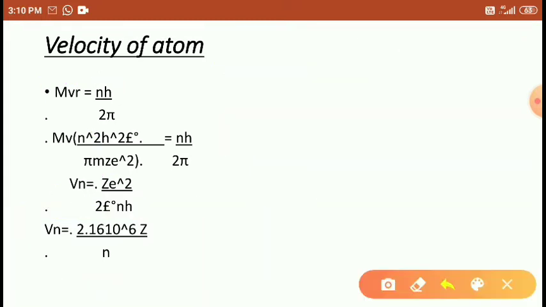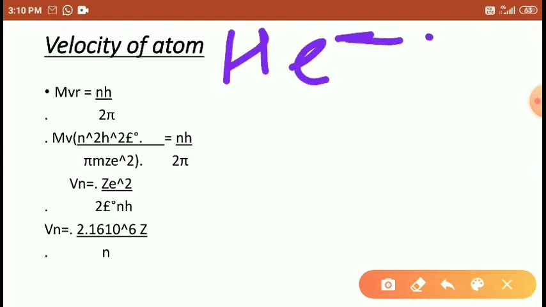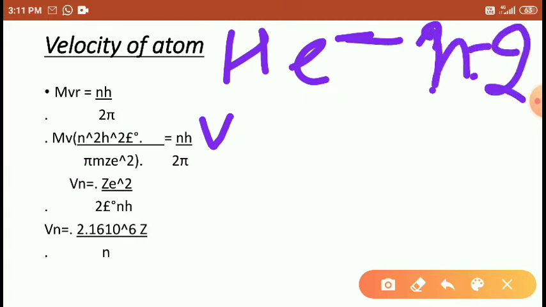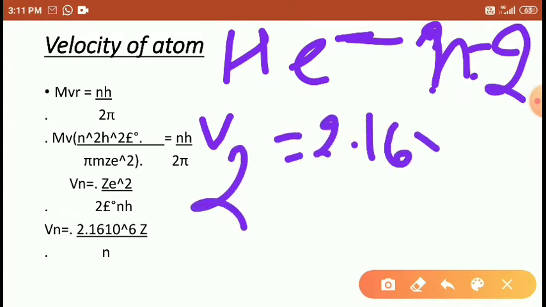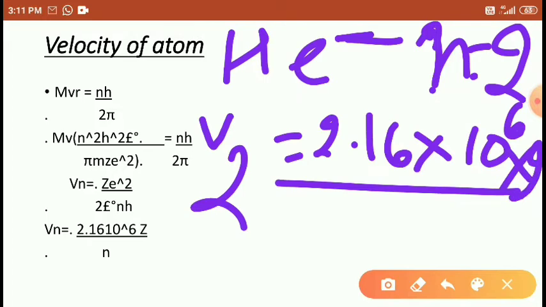In case you want to find the velocity of electrons in helium at the second energy level, then v is 2.16 into 10 to the power of 6, Z means atomic number is 2 and the energy level is again 2, right students.